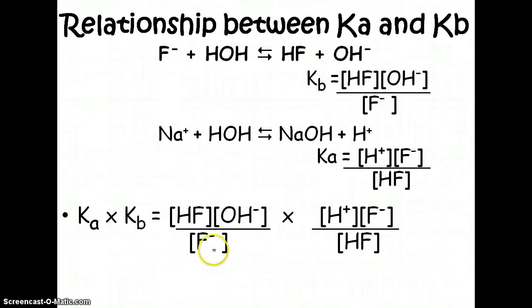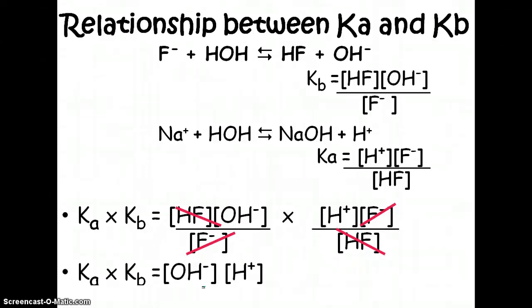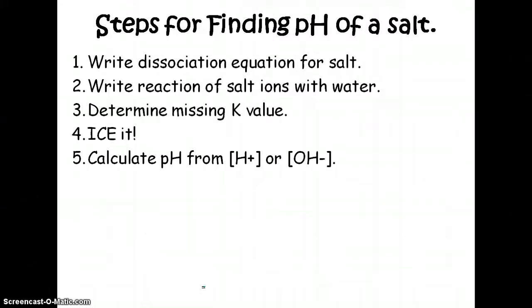We then lined them up, and we noticed that if we multiplied them, things would cancel. So the HFs cancel and the F minuses cancel, which leaves OH minus and H plus. Now OH minus times H plus is Kw, right? So Ka times Kb is Kw. So if you know Ka or Kb, you can find the other one by using Kw.